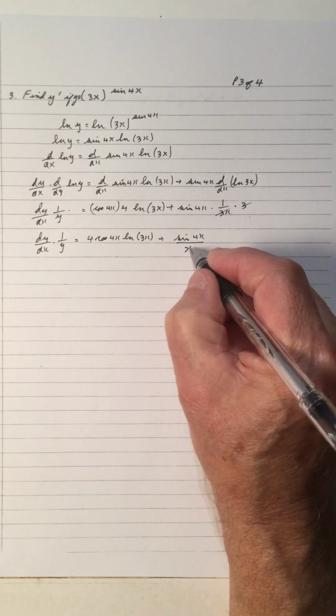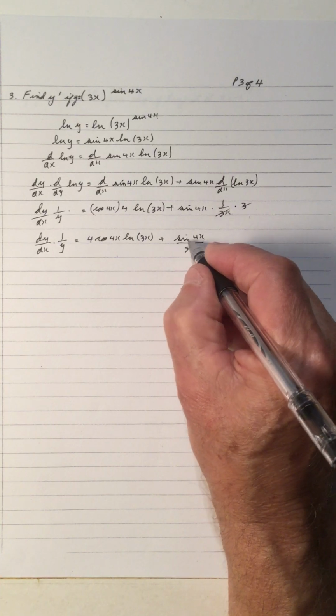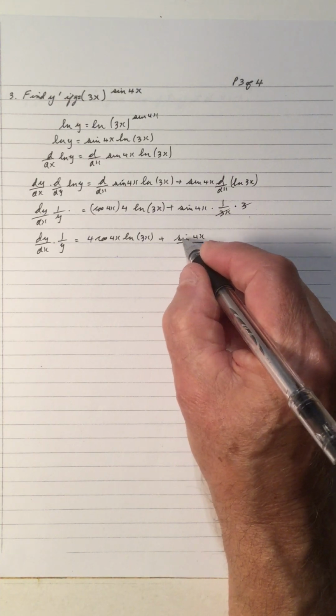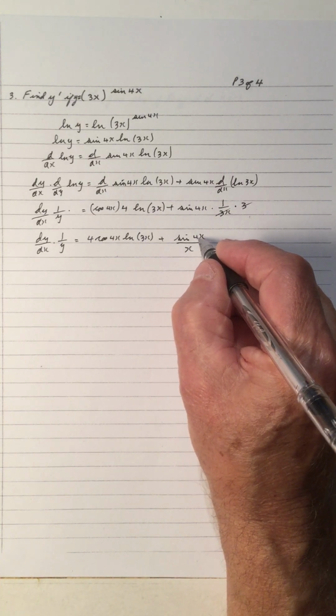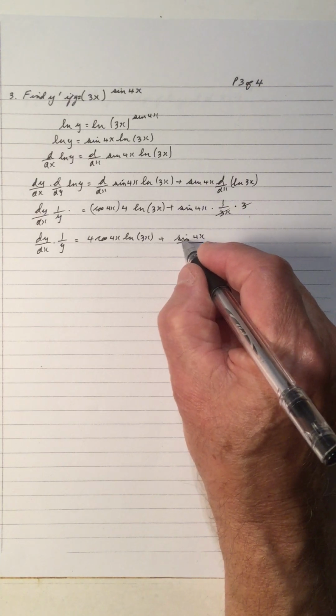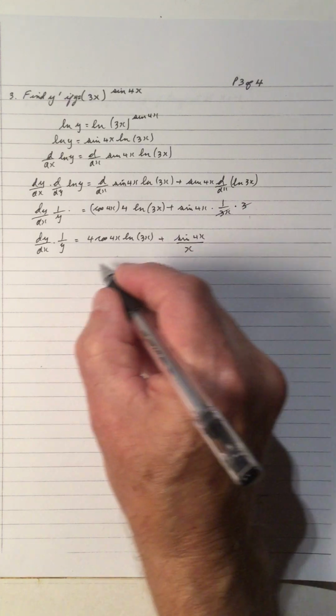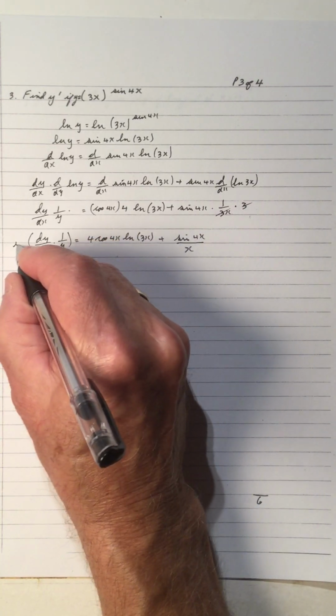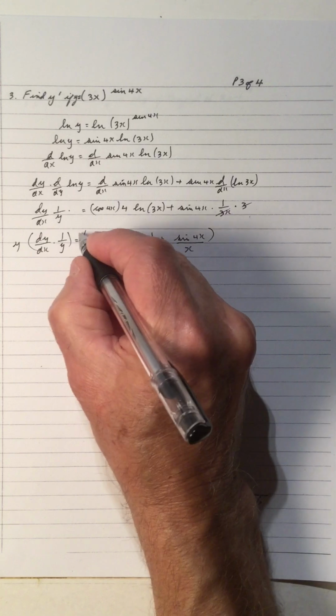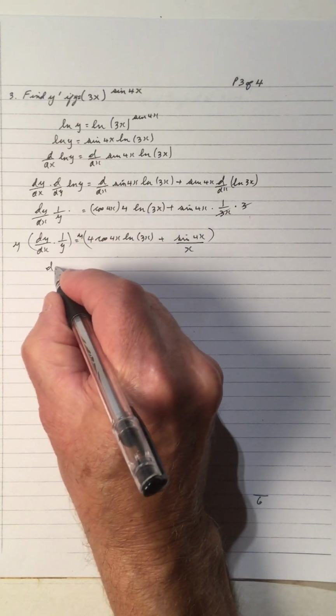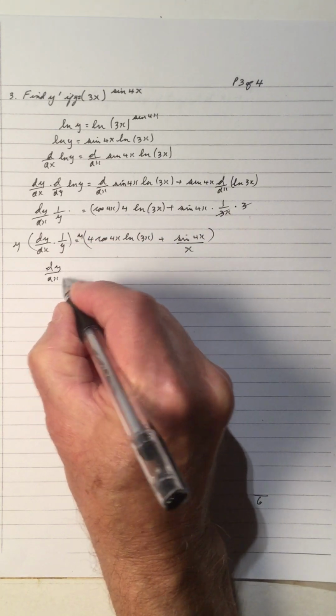Now notice the x can't cancel here because the 4x is inside the sine of 4x. These are not the same. 4x is a part of this sine function. And we multiply each side by y. That cancels, moves the y to the right side.